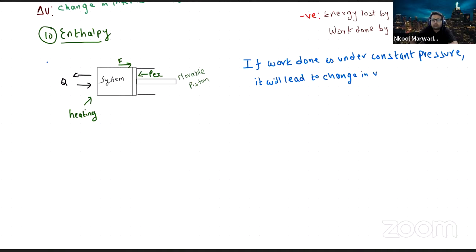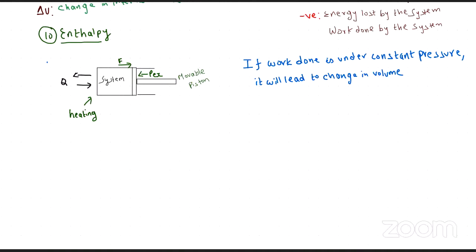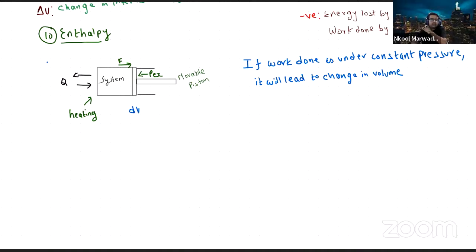And that is what we did in this derivation also, wherein this force is exactly equal to the external pressure, because of which we were able to achieve a very slight expansion. And we said that work done is minus P external dV integration. So whenever work is done under constant pressure, there will be a change in volume.